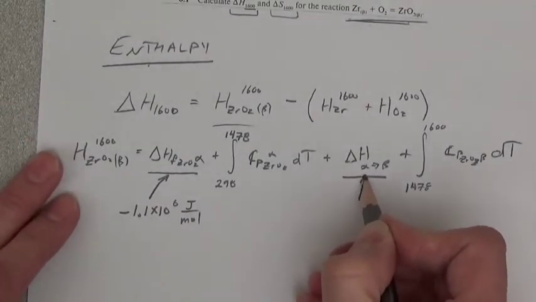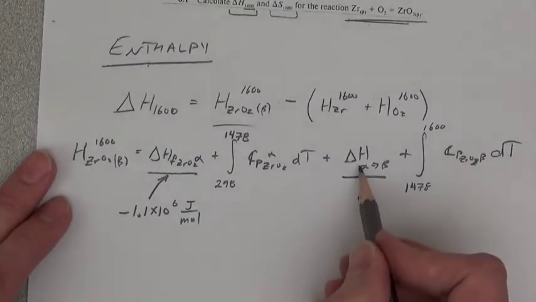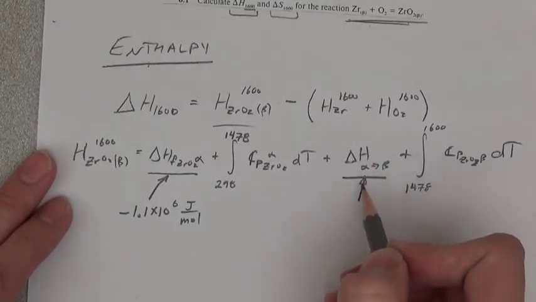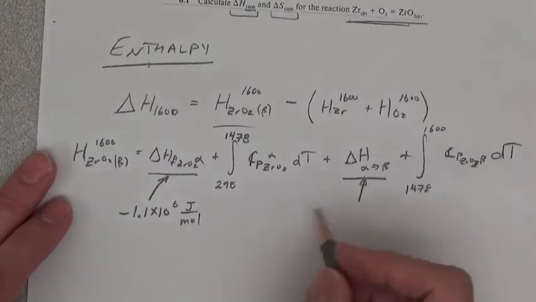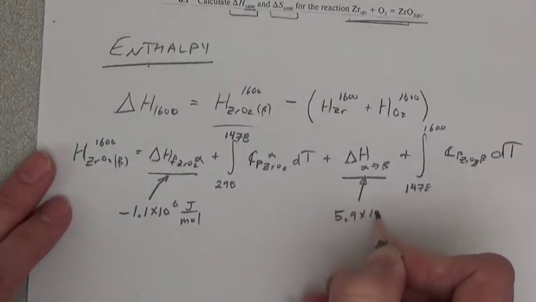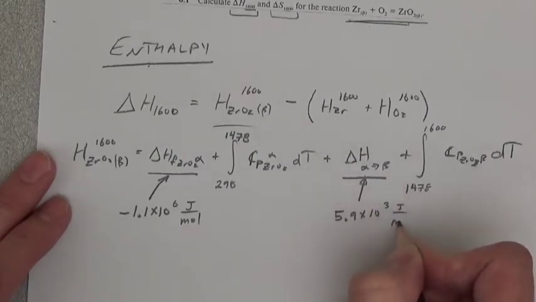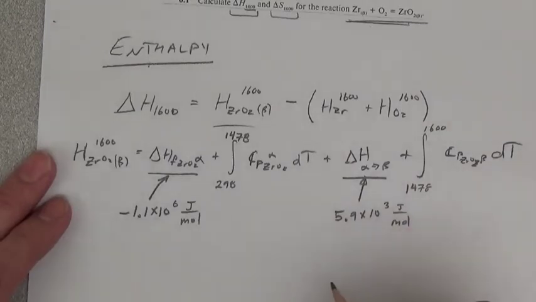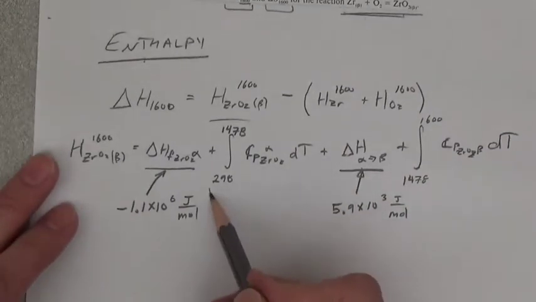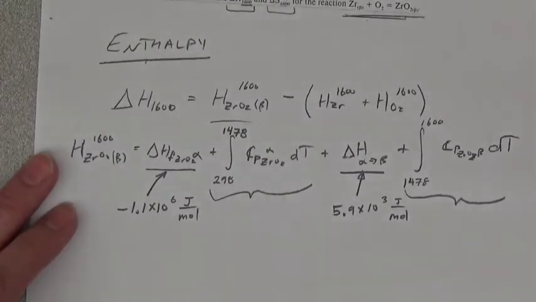And from the table on enthalpies of transformation, we have the latent heat going from alpha to beta as 5.9 times 10 to the 3 joule per mole. So now we just need to figure out these two integrals.